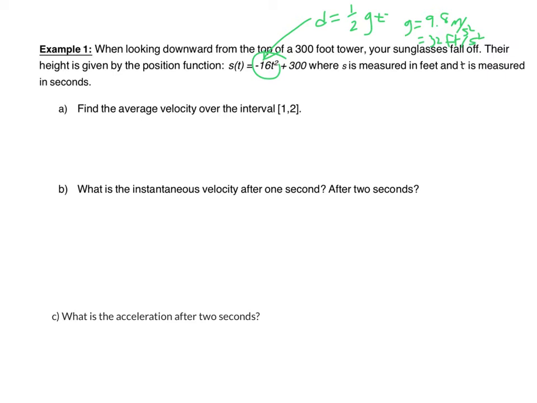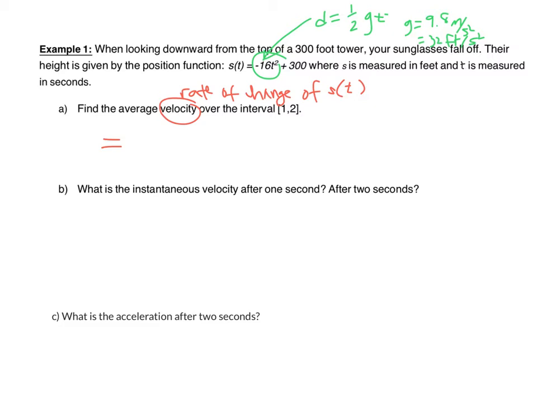For part A, our average velocity, remember we're going to do that by finding the average rate of change. We find the change in position over the change in time, and you can actually do that by finding the average rate of change of the position function.